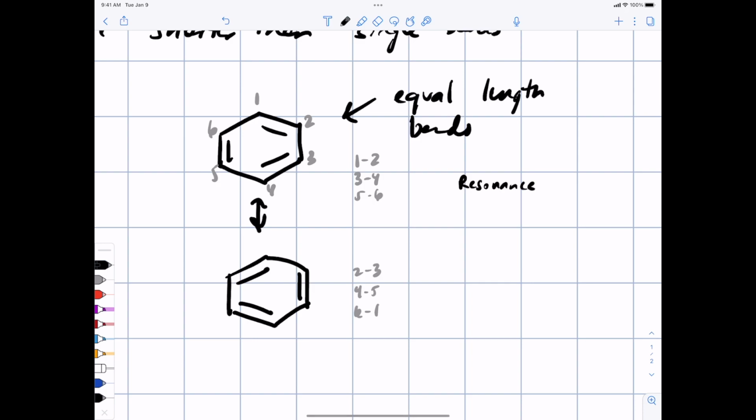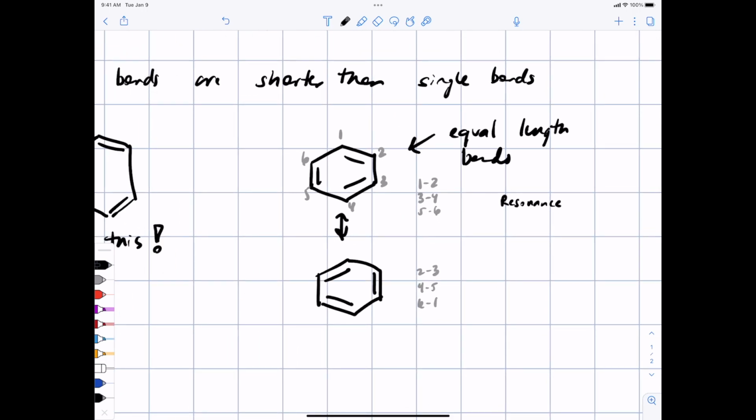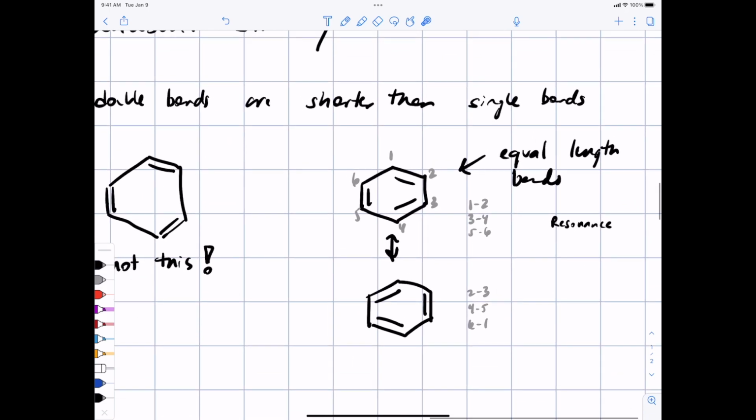But there's even a little bit more going on with benzene than just that. As evidence that all of the bonds in benzene are equal length, if you do the NMR spectrum of benzene, the proton NMR spectrum for benzene has just one signal.